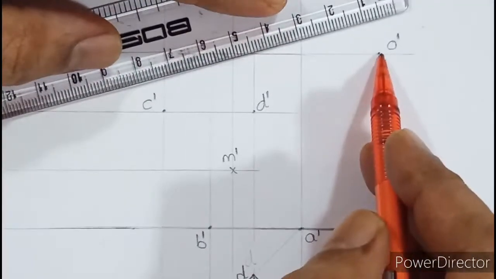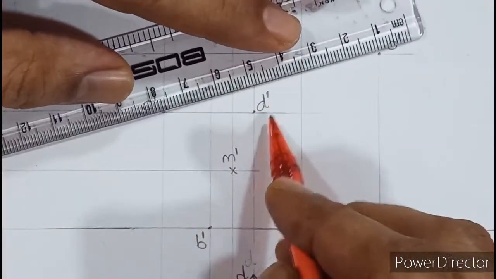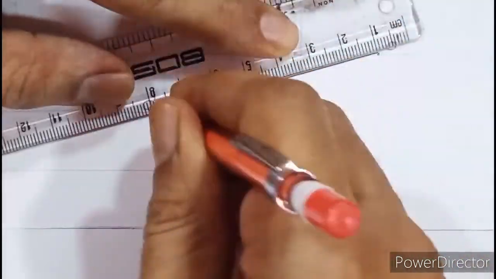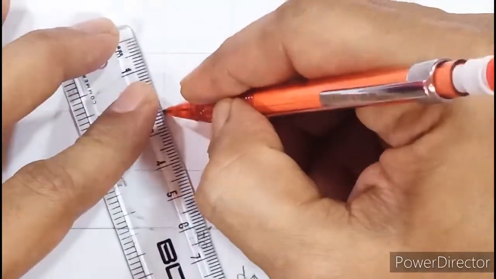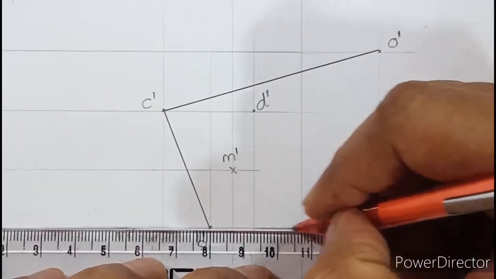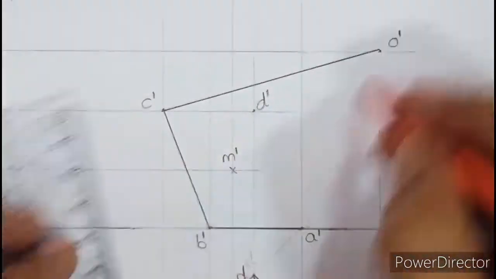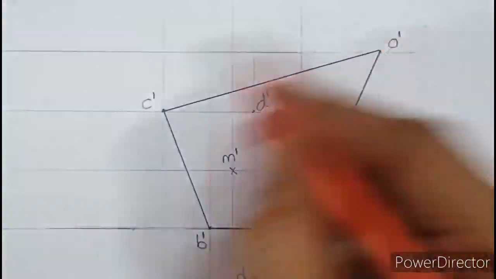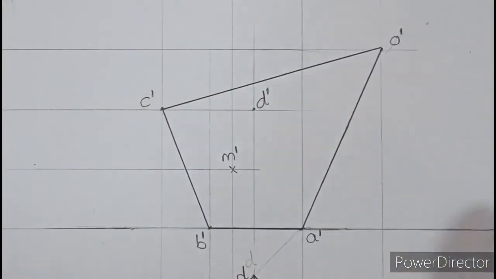So if you look, if I connect O and C, you will find that D is within the solid. So if you connect O and C, this is the outermost point. Then C to B, B to A, and finally A to O. So point D dash lies within the solid. So this is the meaning of outermost points.